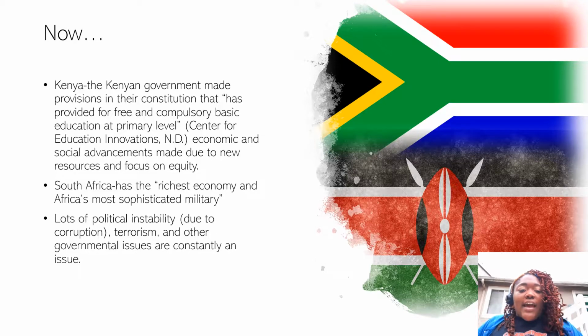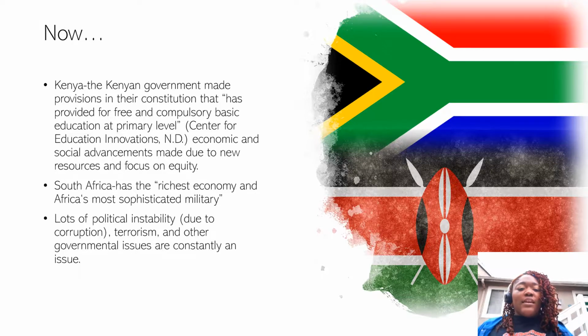Okay, so now what we see, and I'll go a little bit deeper in future slides. The Kenyan government has done a lot, as well as the South African government, to invest in education and to kind of change the landscape of their country. And I mean that literally and figuratively.